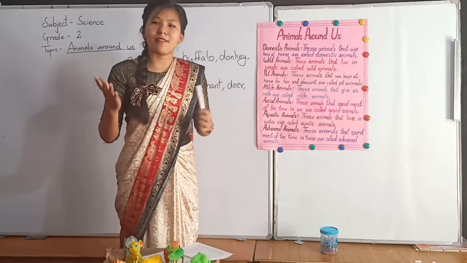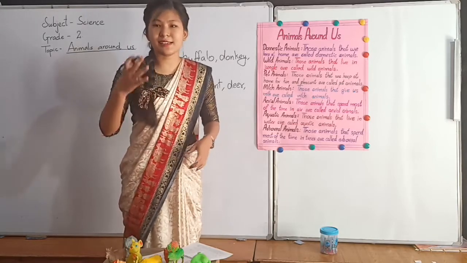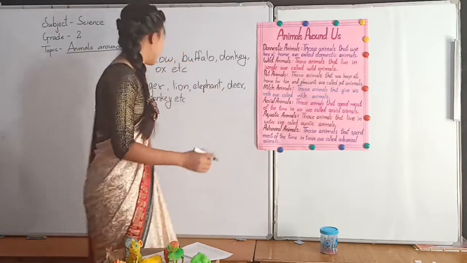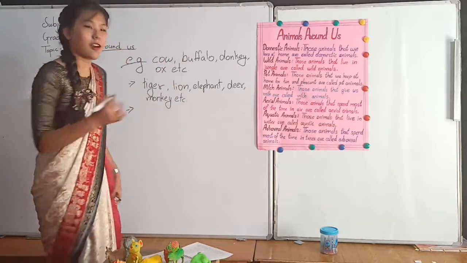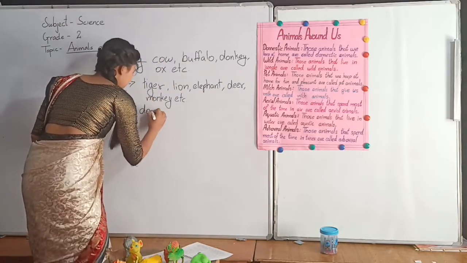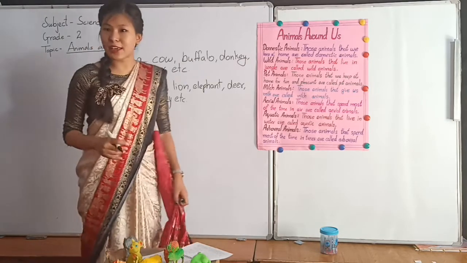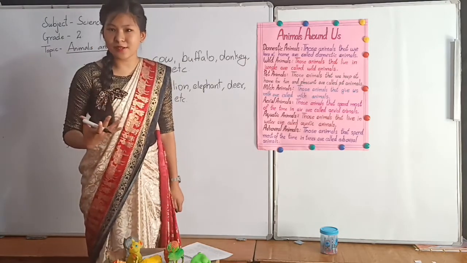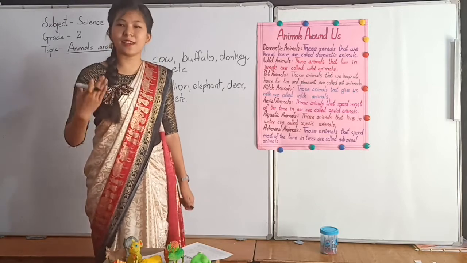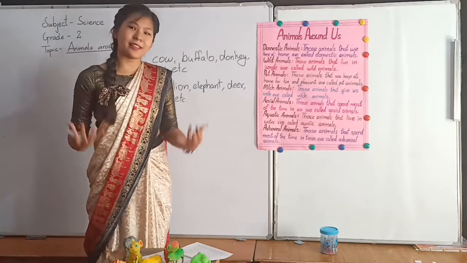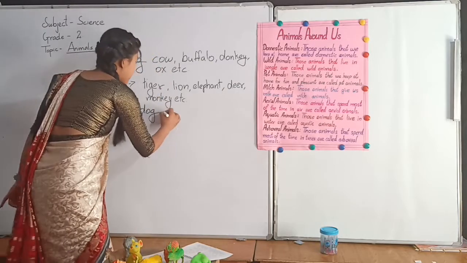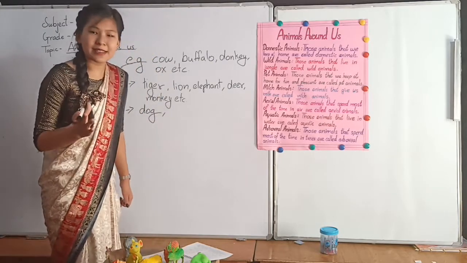Very good. Now let's write the examples of pet animals. So first example is dog. Yes, we keep dog at our home. Yes or not, dear students? Yes, we keep dog at our home for fun and pleasure. So dog is the example of pet animal.